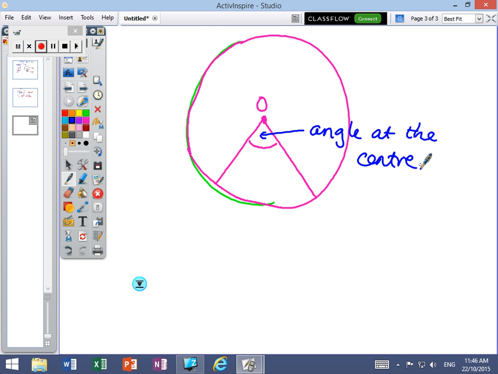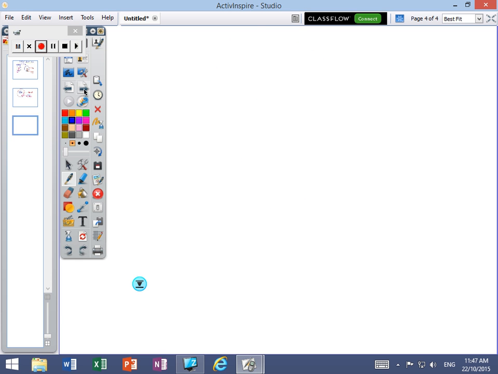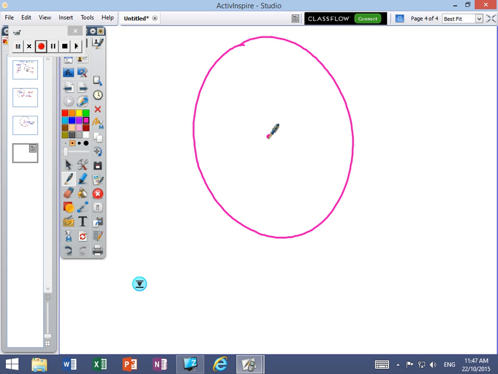And back on again. Okay, draw another circle. Circles are getting worse, I heard someone say, but we won't name names. This time I've got an angle, but it's not at the center.